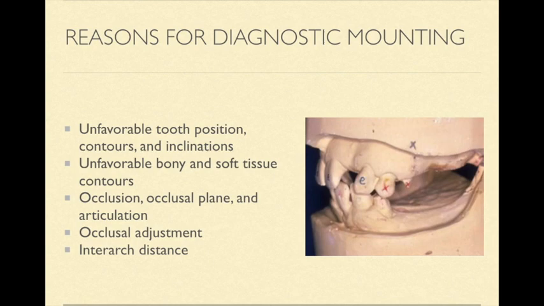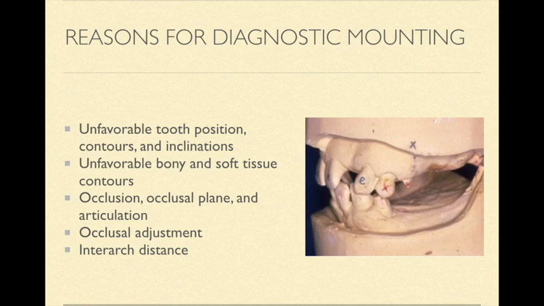When we talk about occlusion, don't only think about tooth contact; you also need to think about whether the occlusal plane is proper, because when a patient loses a tooth, the opposing tooth may erupt and affect the proper occlusal plane. Also check whether any teeth need occlusal adjustment to prevent occlusal trauma.